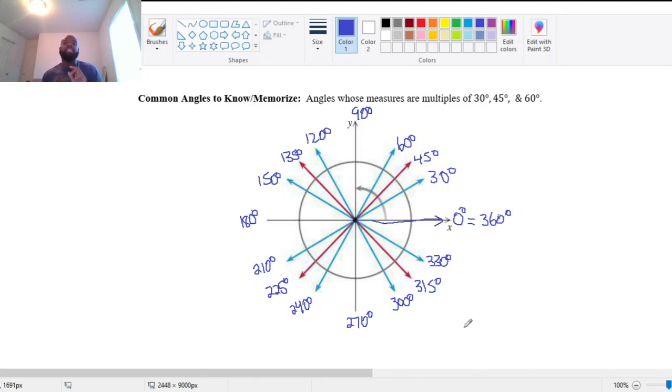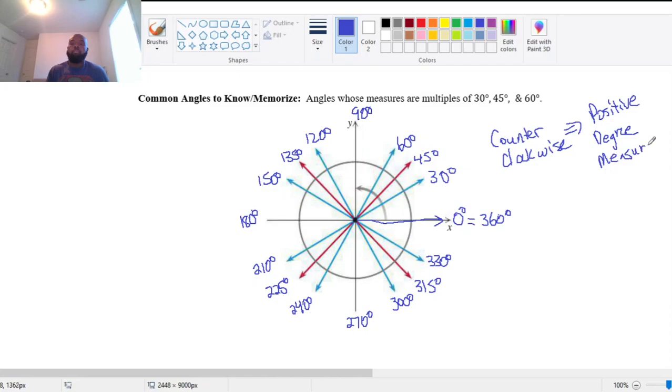So notice these angles are all positive because they measure counterclockwise. That yields positive angles. So counterclockwise, we get positive degree measures.